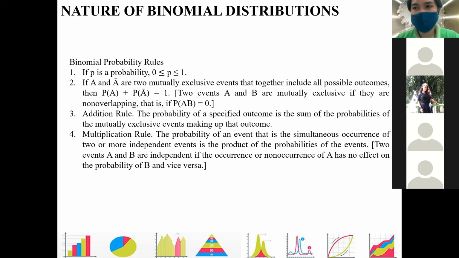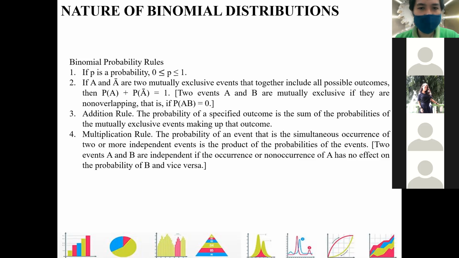So it also follows the binomial probability rules na discuss natin last time. Ang probability is ranging from 0 to 1 kasi 0 means probability of failure and 1 is probability of success. So in between 0 to 100%.